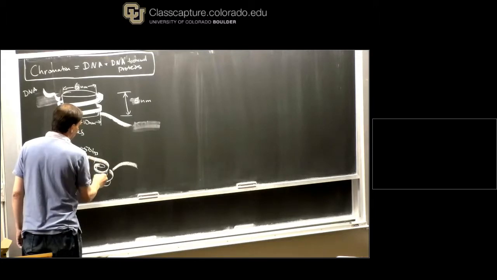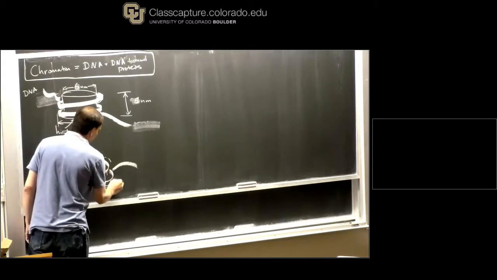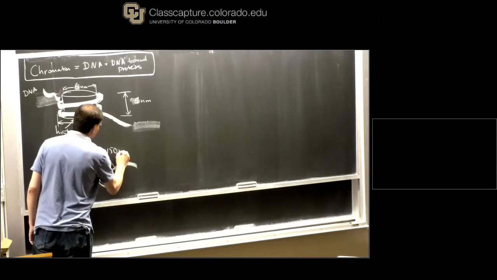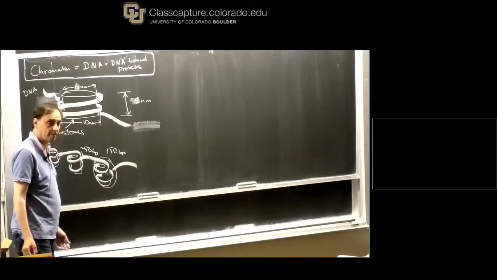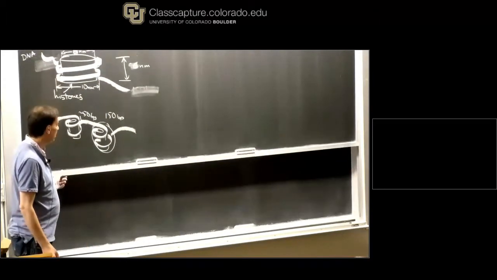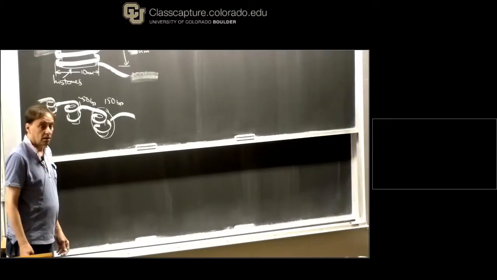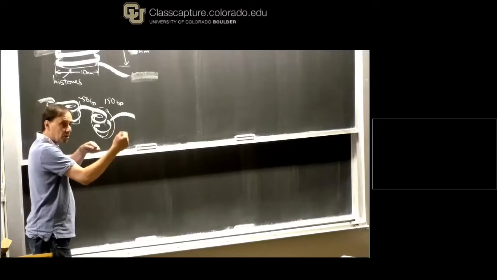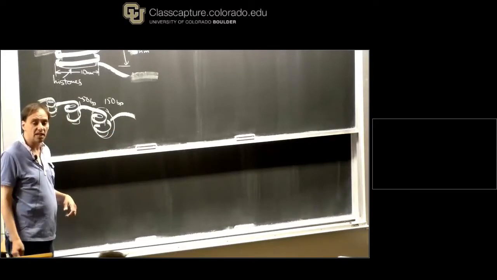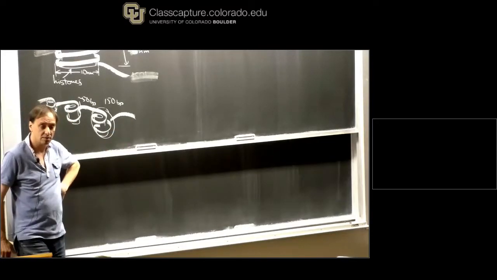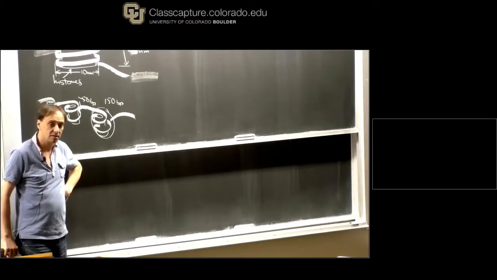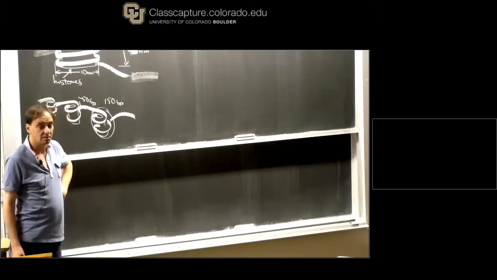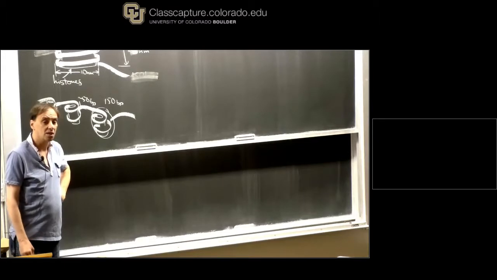That's the linker, and then within the barrel, you have another 150 base pairs. So how much linear compaction does it provide you? The order of twice, or an order of 1 multiple.